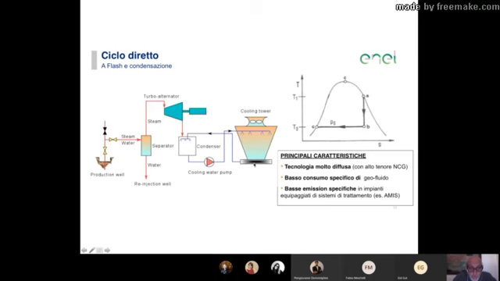Now, keep in mind that up to a distance of about 400 meters from this kind of cooling towers, there is what is called the lichen desert. So lichens cannot grow because pollution is too high. So there is a very large amount of pollution around cooling towers.